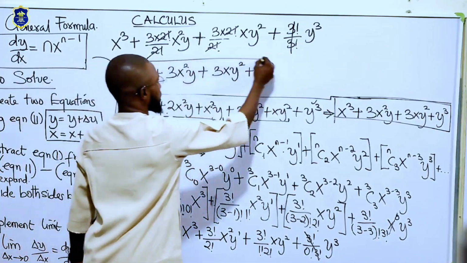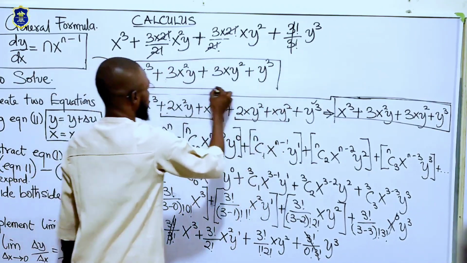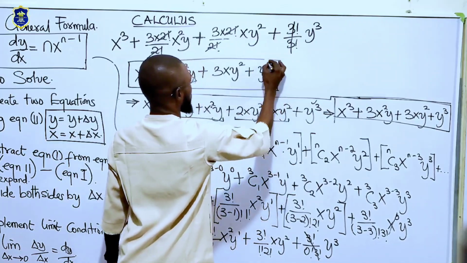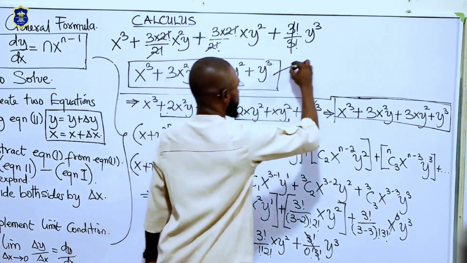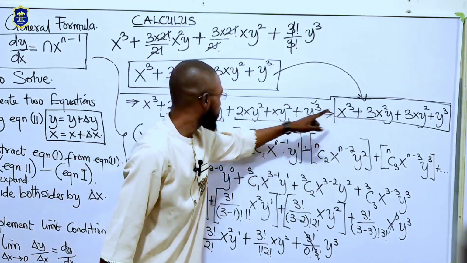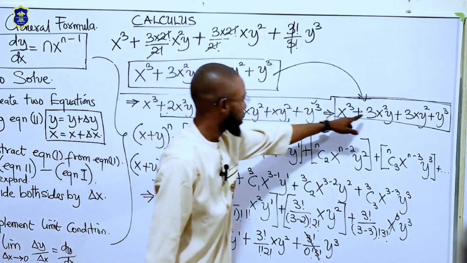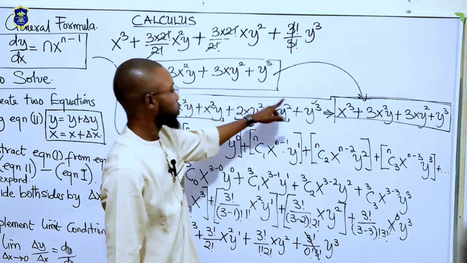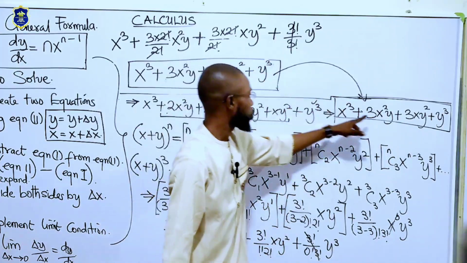We discover that the answer to this, we have our 3 here, the answer to this is equal to this answer. Let's compare. X cubed, 3x squared y, 3x squared y, 3xy squared, 3xy squared, and y cubed.